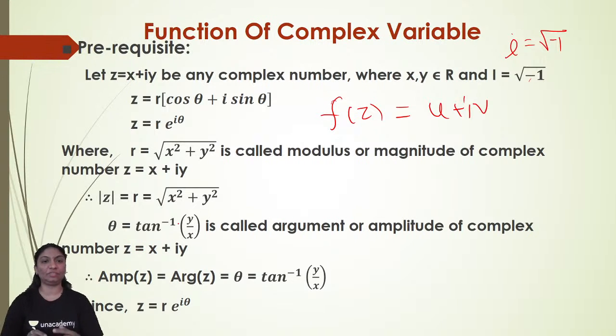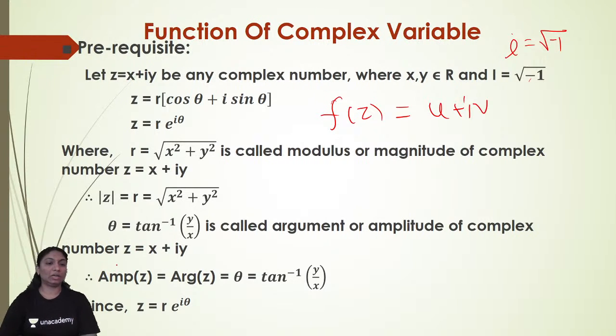This is a prerequisite we require to find the analytic function by using CR equations, or to find v if u is given, by using the CR equation. So for that these things are required.